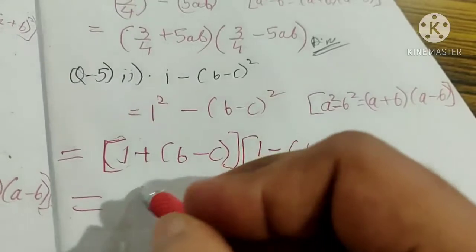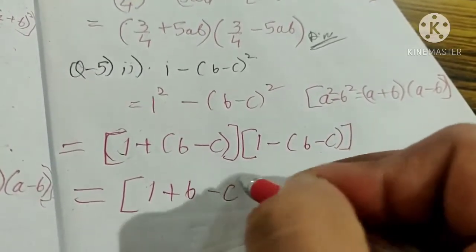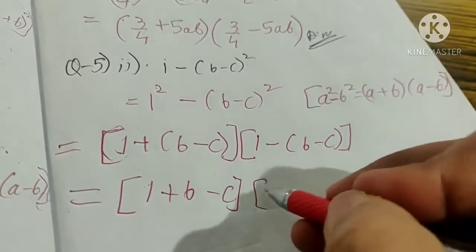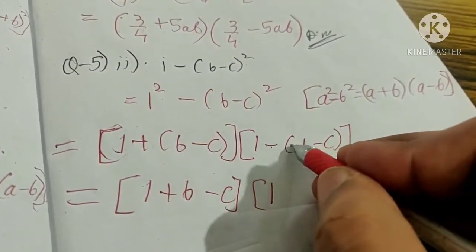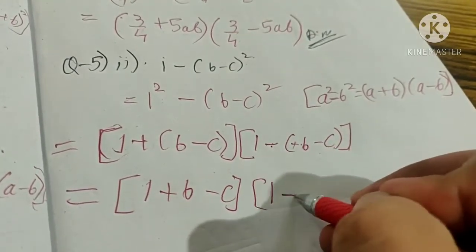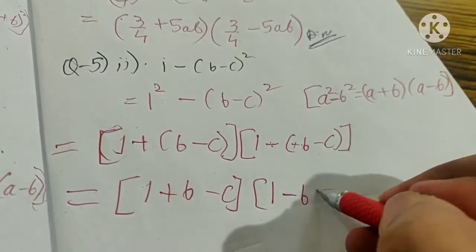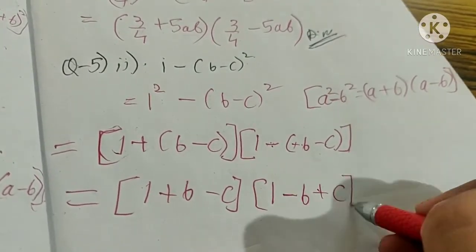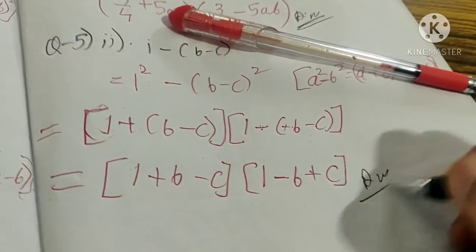Now opening the bracket inside, it is written as 1 plus b minus c, and 1 minus: minus goes inside, so plus times minus is minus, and minus b, minus times minus is plus c. So this is our answer in this question. Okay.